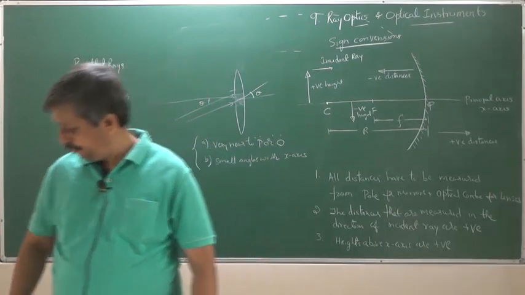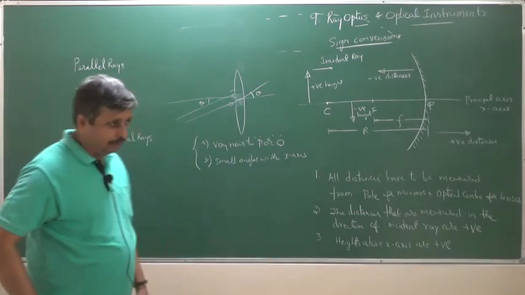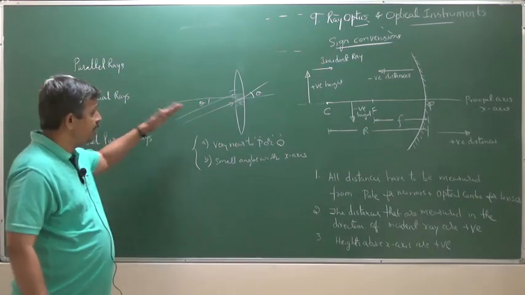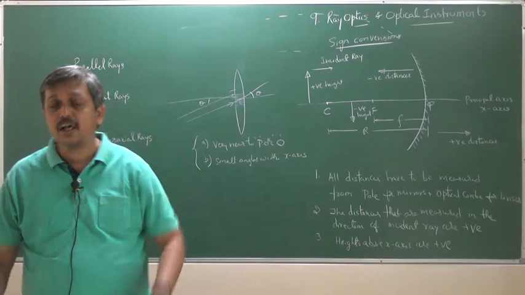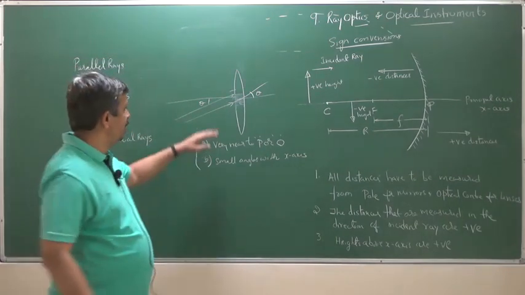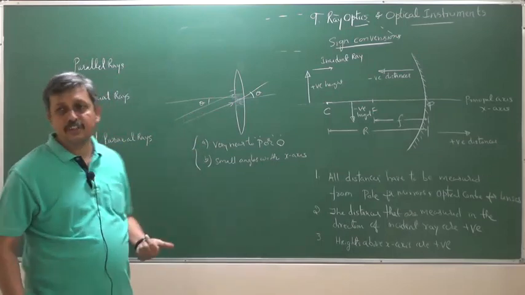Now, if you mix these two, that means rays which are parallel to each other and are also paraxial, such rays are called parallel paraxial rays.